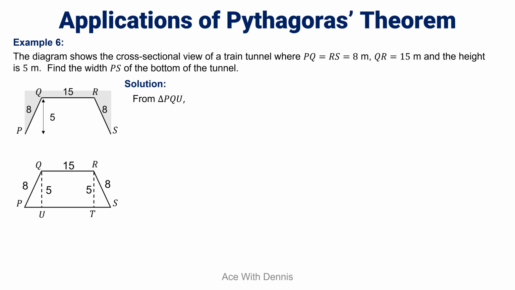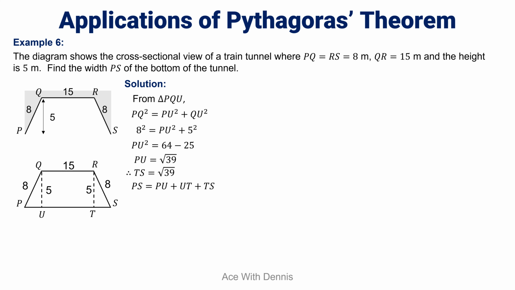We can apply Pythagoras theorem, where PQ squared equals PU squared plus QU squared, and apply the values given. 8 squared equals PU squared plus 5 squared. So PU squared equals 64 minus 25. Hence, PU is square root of 39, and TS is also square root of 39.